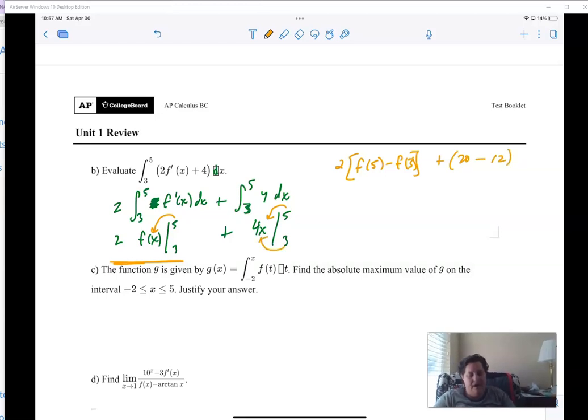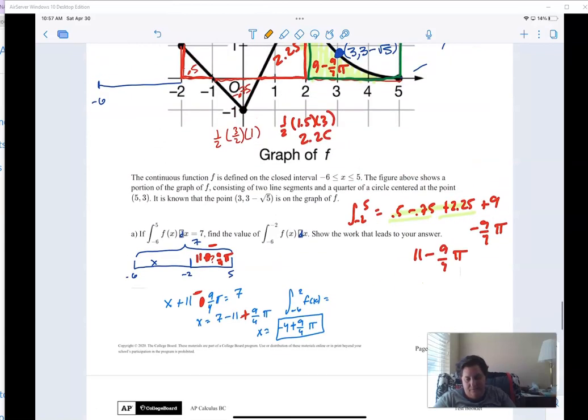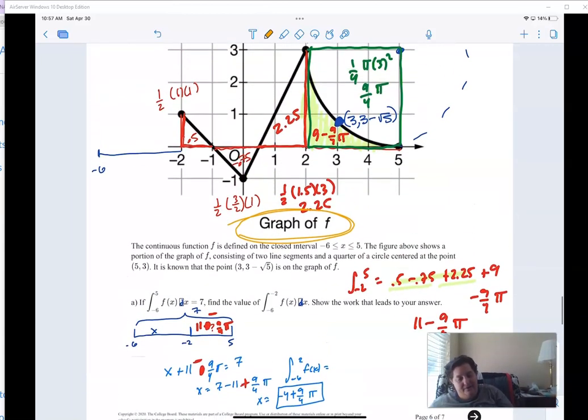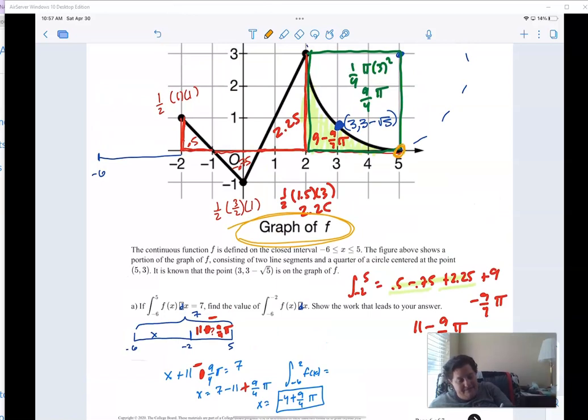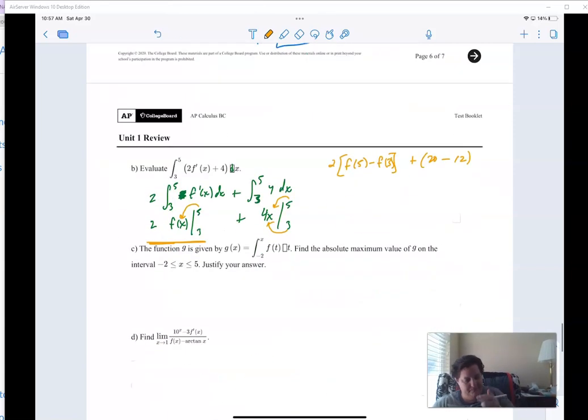All right. Now, how am I going to find f of 5 and f of 3? Well, if I look, this is the graph of f. So f of 5 is that point right there, which is 0. F of 3 is that point right there, which luckily they gave it to me so I don't have to find it with the equation of the circle and stuff. Okay, so f of 5 is 0. F of 3 is 3 minus root 5.